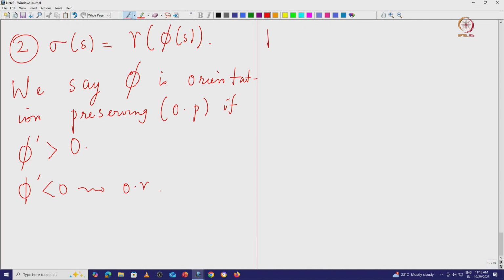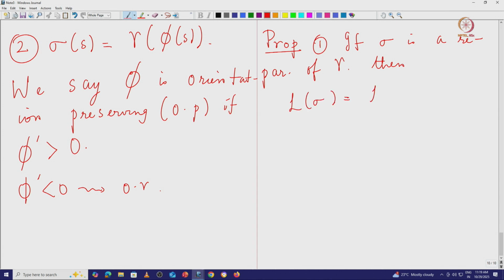Here is the key proposition that we will need. This is basically an exercise in multivariable calculus, which hopefully you have seen before. If not, you can just quickly try to prove this proposition for yourself. If sigma is a reparametrization of gamma, then, as I was saying, the length functional is unchanged.